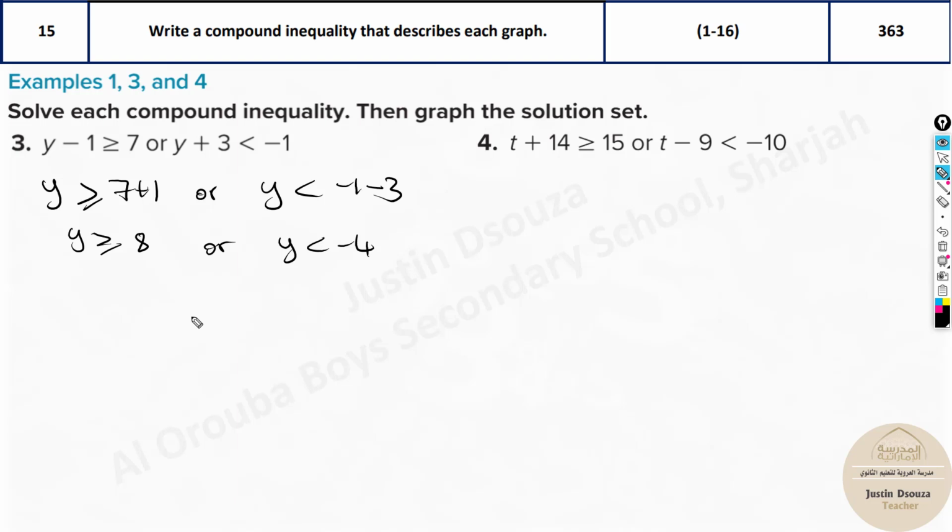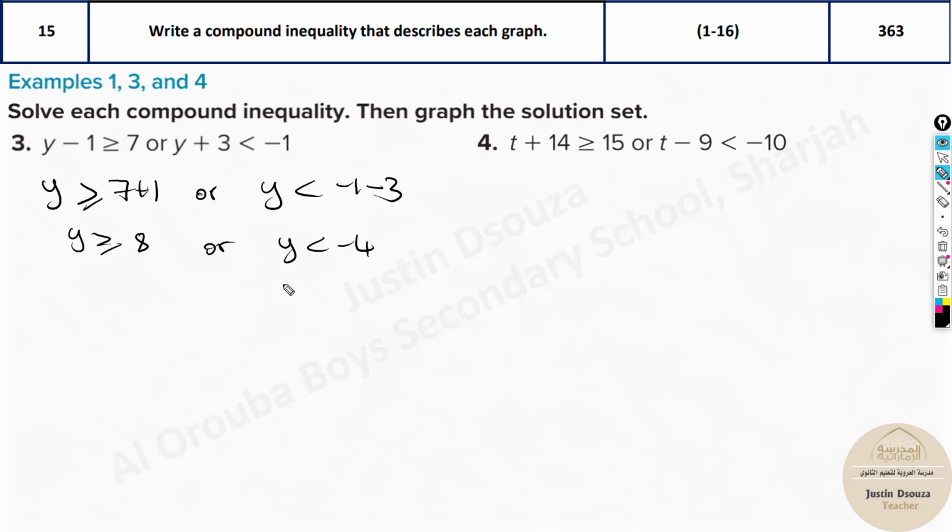Can you write this like what I told just now? Y is less than or equal to minus 4 and it's greater than or equal to 8. This is wrong. Look, when you write in this format, it must always be the smaller number over here, the bigger number over here. This cannot be written for OR. But in AND problems, it will always be in ascending order. You can write it in that form.